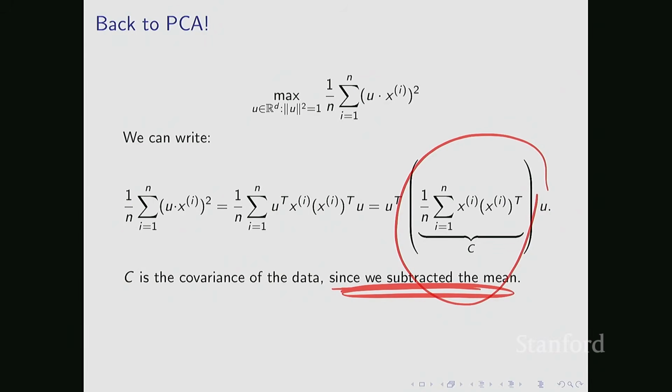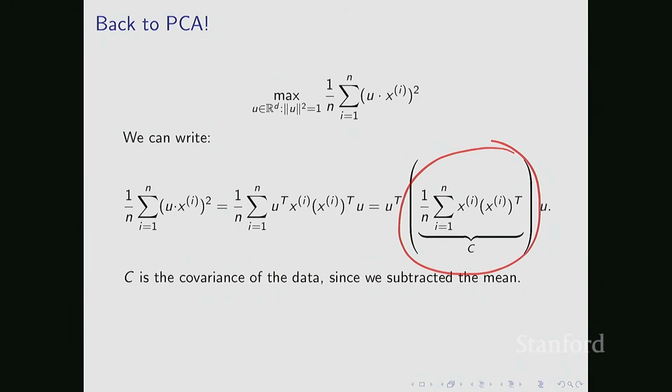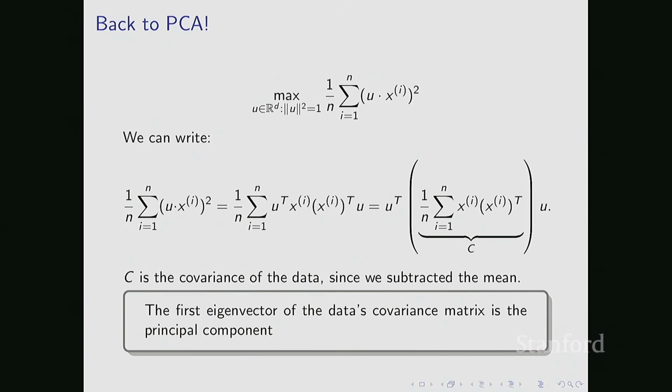So if we want to interpret this matrix as a covariance matrix, we have to subtract off the mean, because otherwise these need to be x minus mu, right? There is a mu, hence it reared its head. It's 0 because we whitened by it. Does that make sense? So we are estimating the covariance when we do the PCA. That's all that's happening. And the first eigenvector of the data covariance matrix is the principal component.